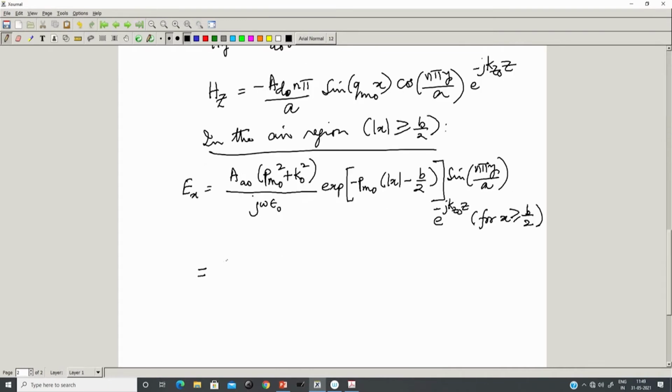So, that is equal to minus a a naught. So, this is the expression for x lesser than or equal to minus b by 2.